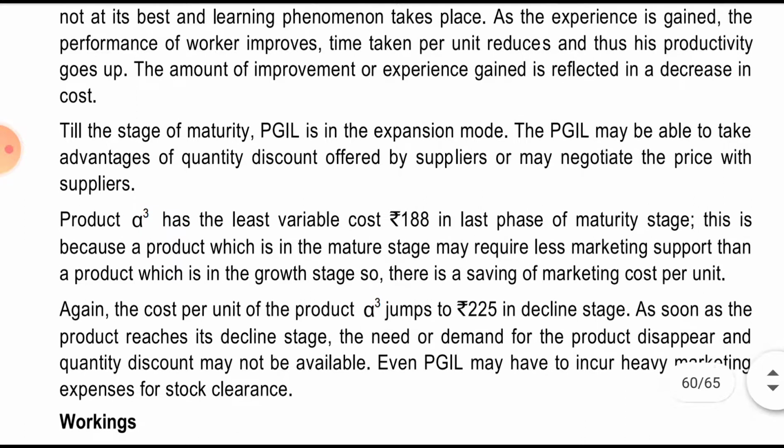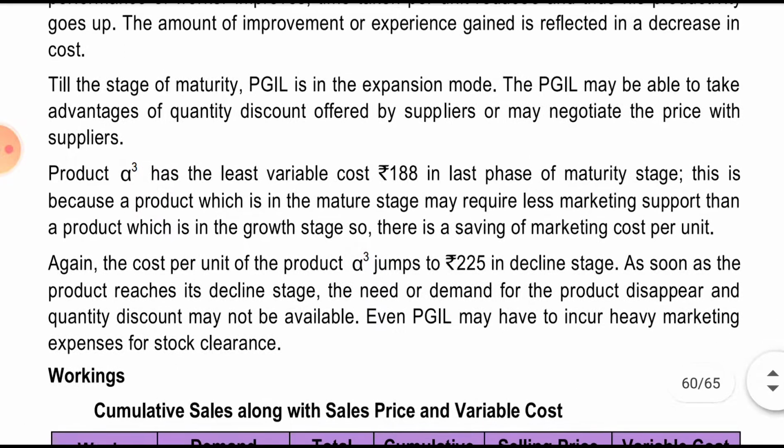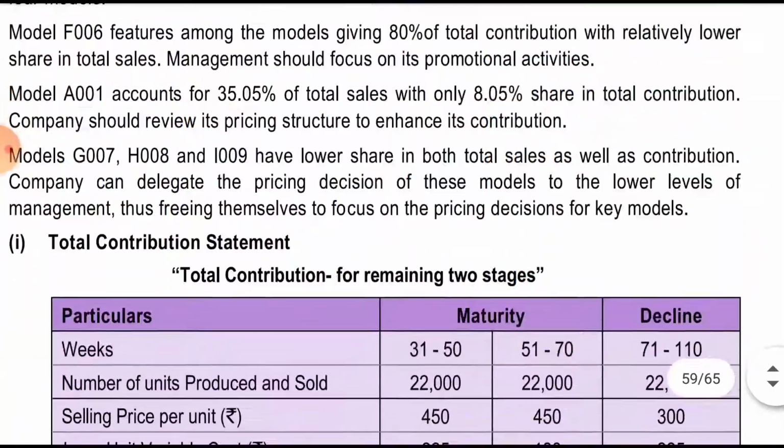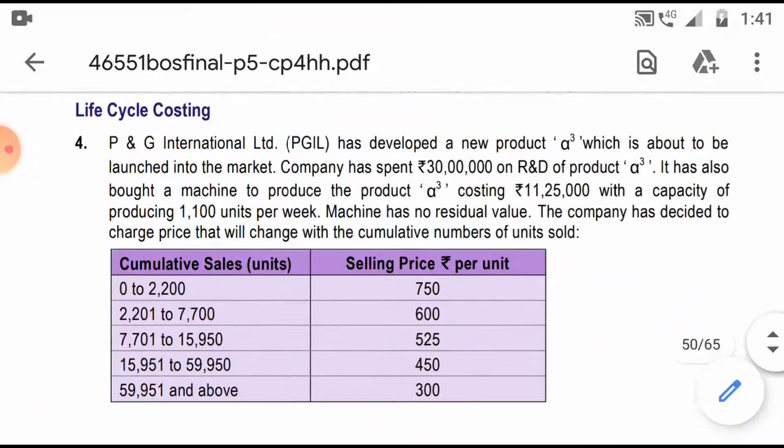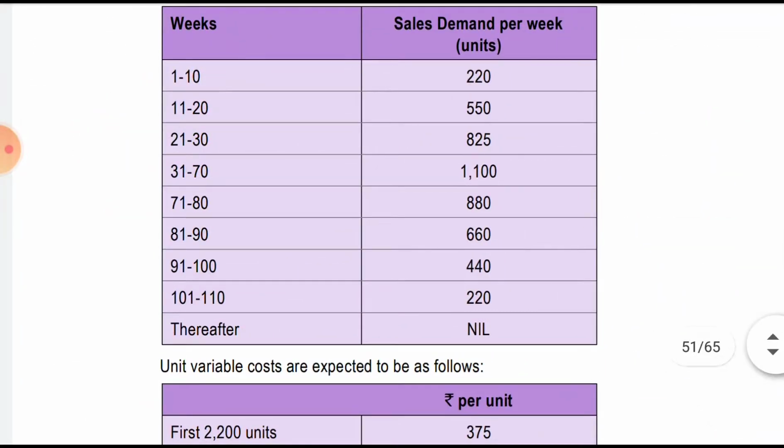Then till the stage of maturity, PGIL is in expansion mode. The PGIL may be able to take advantage of the quantity discount offered by the supplier or may negotiate the price with the supplier. So until the maturity stage it is expanding, as we can see here, till the 70th week it is in the maturity stage.